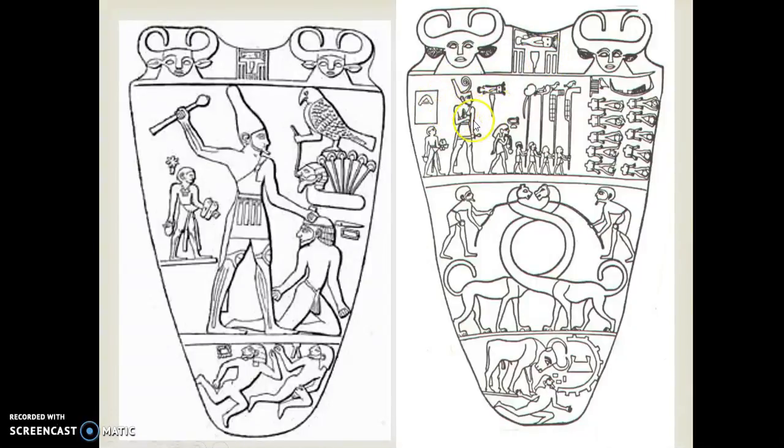Then in this section you see King Narmer here, and he's got the unified crown on, and they're carrying the standards into battle. This is him with his army carrying the standards into battle, and here are all their enemies that have been beheaded. Down here, this is a lion whose neck has been elongated.